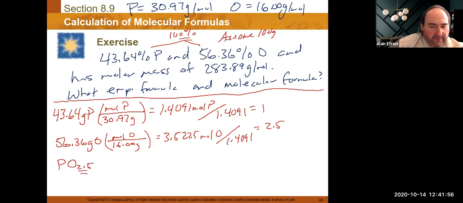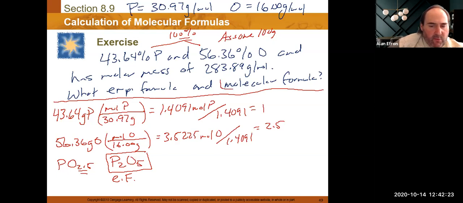So we've seen our 2.5 a lot here today. So we're going to multiply this by that common number of 2. That will clear our 2.5 and also give us whole numbers for everybody. So the empirical formula here would be P2O5. Any questions up to that point?